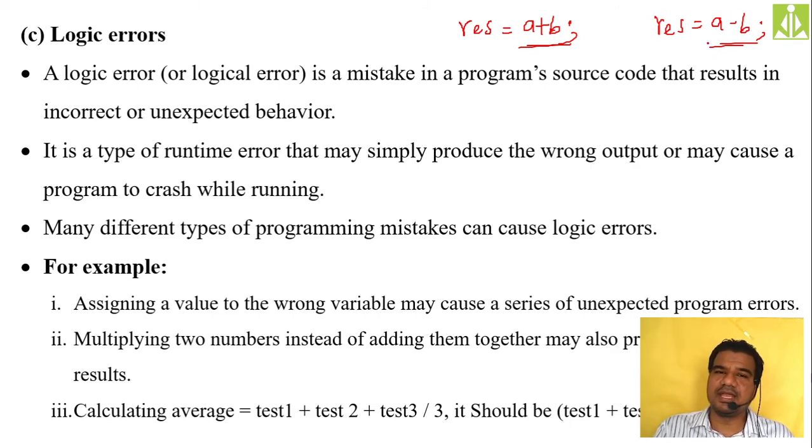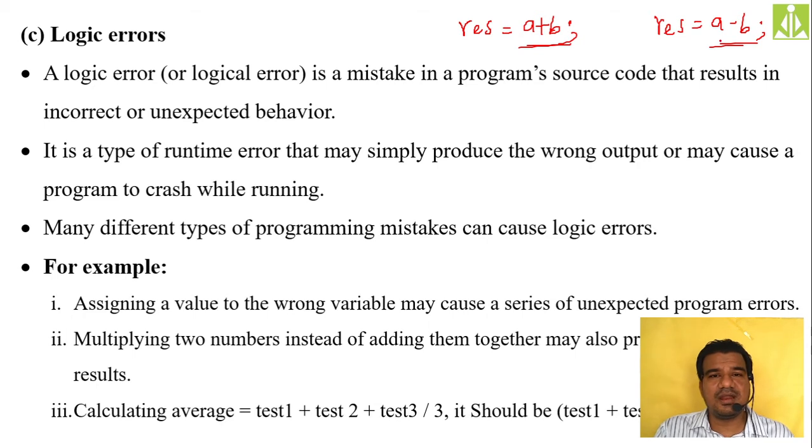If there is a syntactical error, your compiler will detect it. But there is no syntactical error; I'm following all the language rules when I'm writing this statement. So your compiler will not detect this error. Rather, it will give an improper output. Wrong output, because instead of adding you are subtracting, so your program will generate wrong output, isn't it?